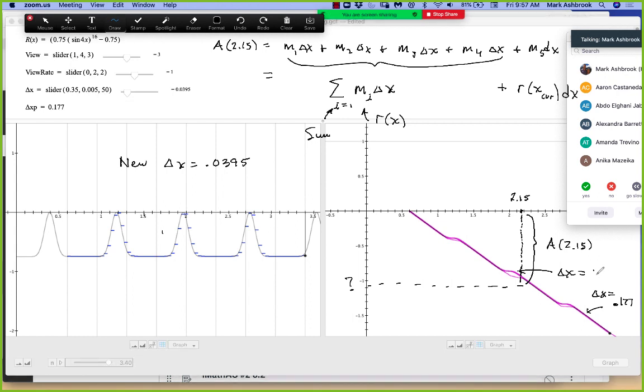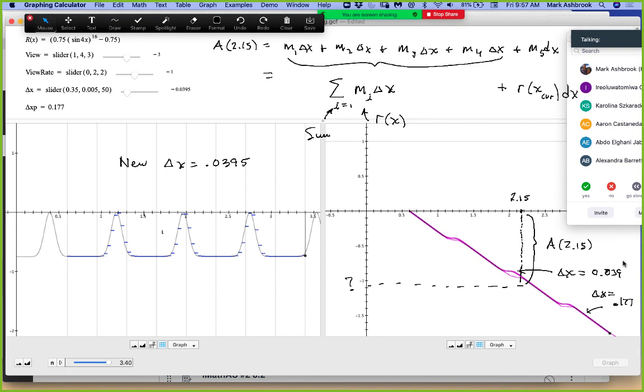Well, they're really close, but they are different still. Okay, but we want the best, and we have the technology to do the best, and the best is exact, right? So exact would mean just keep making those intervals smaller, like super small.